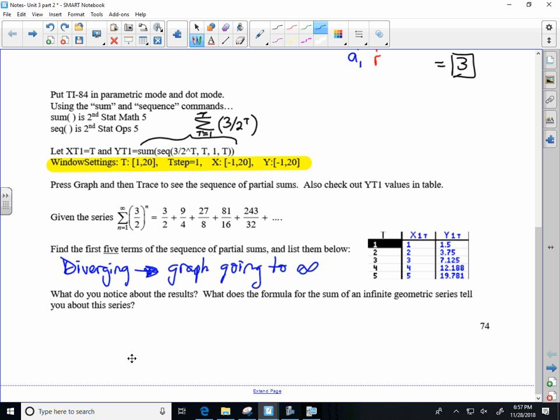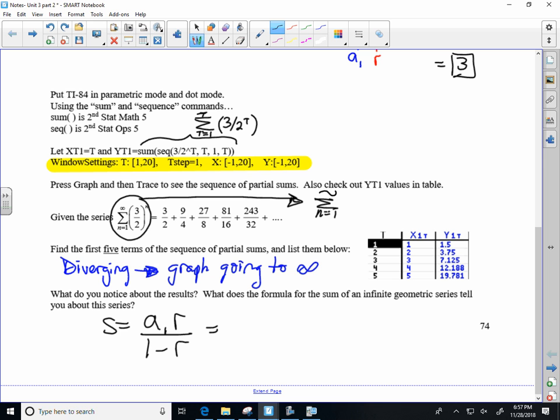All right. Now, in terms of the formula, the new and improved formula, a sub 1 r over 1 minus r. In this model, which is pretty close to what we need, we can assume a coefficient of 1, so the a value would be 1, the r value would be 3/2, and then on the bottom we'd have 1 minus 3/2.